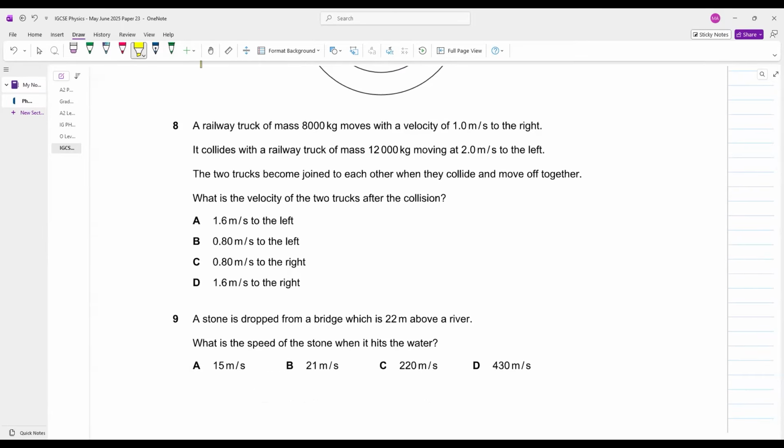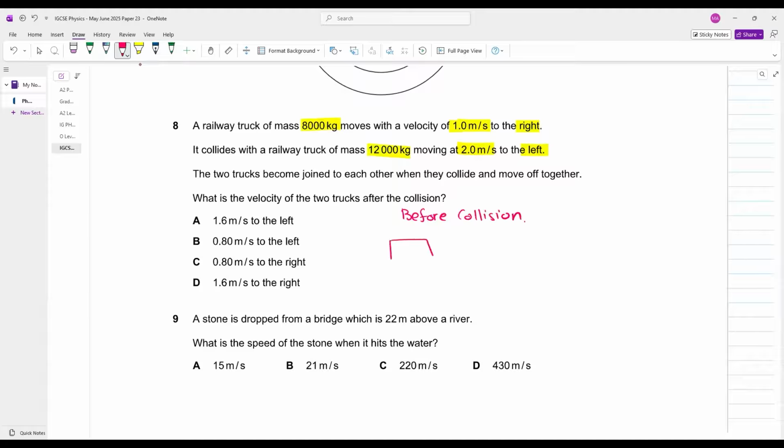A railway truck of mass 8,000 kg moves with a velocity of 1 meter per second to the right. It collides with a railway truck of 12,000 kg moving at 2 meters per second to the left. So let's draw the scenario before collision.